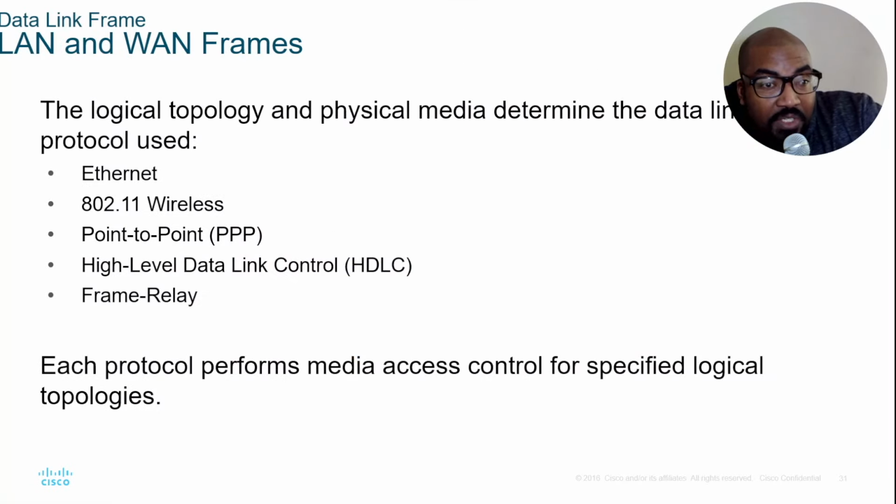The logical topology and physical media determine the data link protocol used. So we have Ethernet, 802.11 wireless, point-to-point, high-level data link control, and frame relay. Each one of these protocols performs media access control for specific logical topologies.